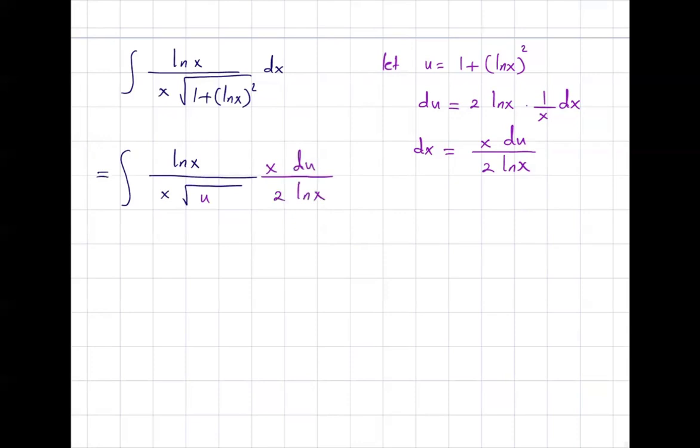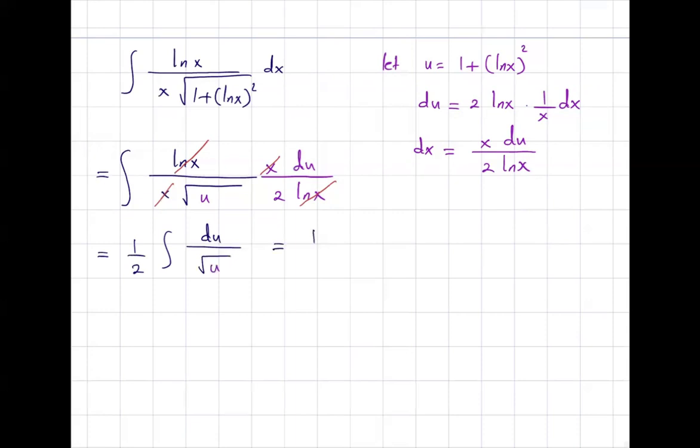As you can see, you can get rid of x and x, ln of x and ln of x. This in turn can be written as a half integral of du divided by square root of u, which is easy to work with.